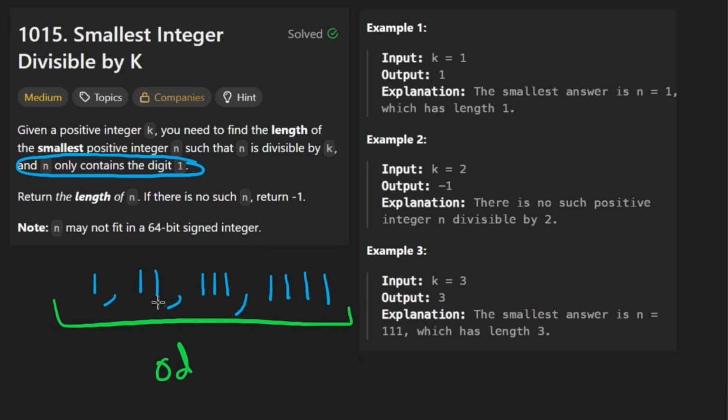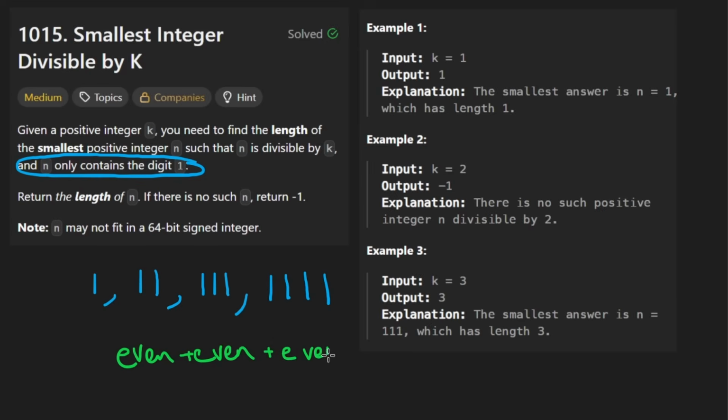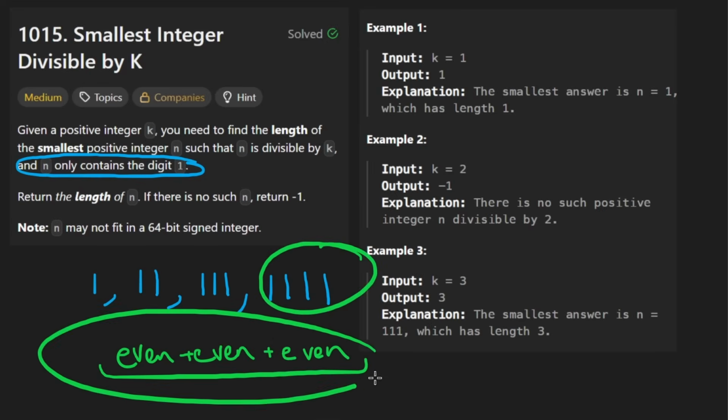So when you know that, you realize that not a single even number will ever be able to divide these, because an even number, we'd have to multiply this by something to equal one of these odd numbers, and that's just not possible. Because with an even number, if you add another even number to it, it's still even. You add another even number to it, it's still even. It's always going to be even. It's never going to be odd. So that's one case, if you were wondering when that would ever happen.